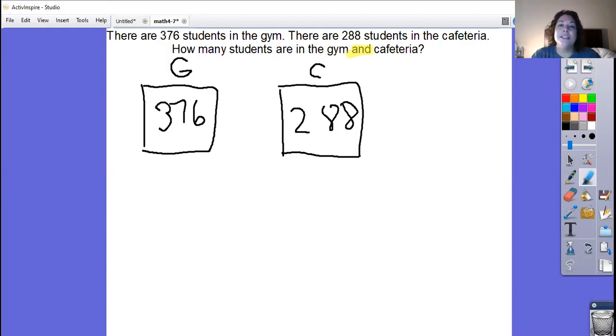It's a joining word that means addition. So this problem is asking me to add these two numbers together so I can find out how many students are in the gym and how many students are in the cafeteria.